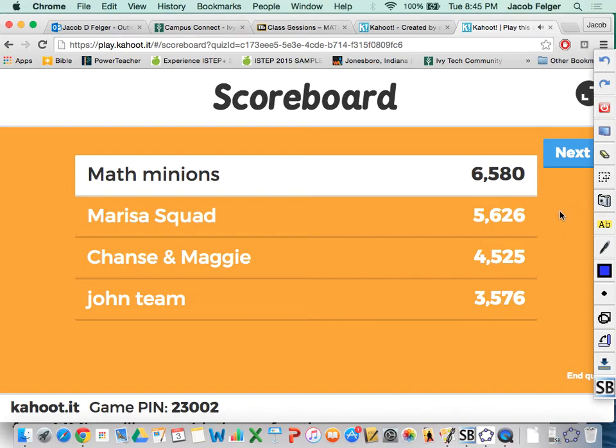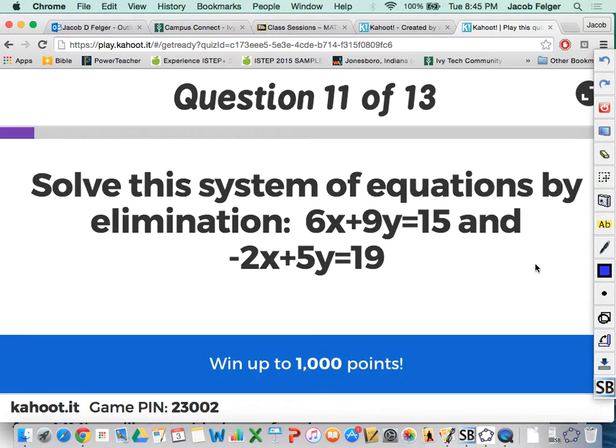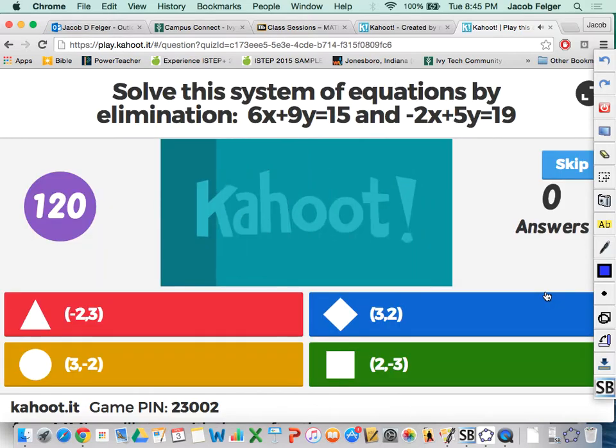Ooh, it's anybody's ball game here. John's team is not nearly as far behind as it looks because they got 1,800 points to their benefit. Got 3 more questions.